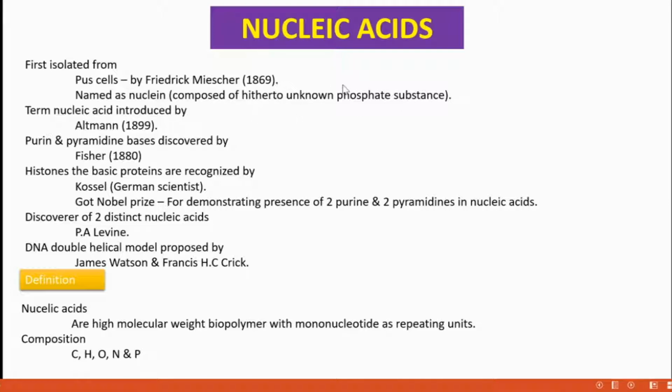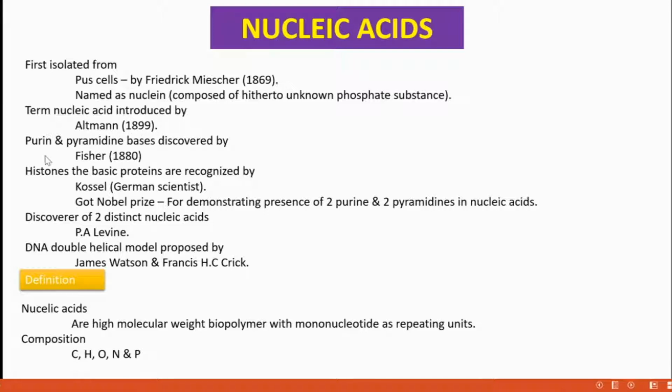Till that time nobody knew such a type of phosphate, so Frederick Miescher named it nuclein. Then the term nucleic acid was introduced by Altmann in 1899.